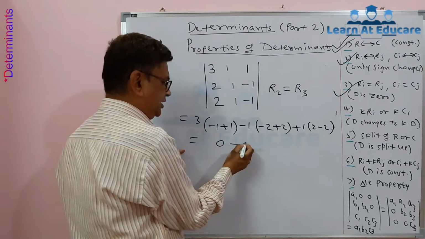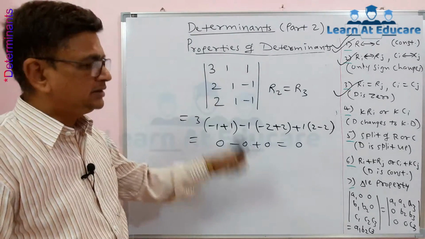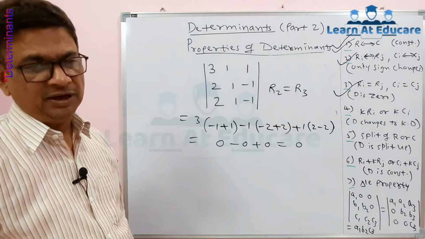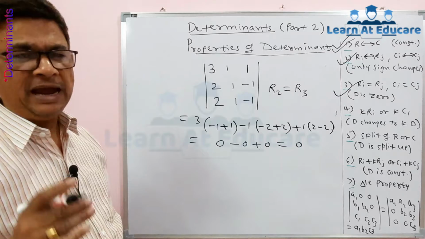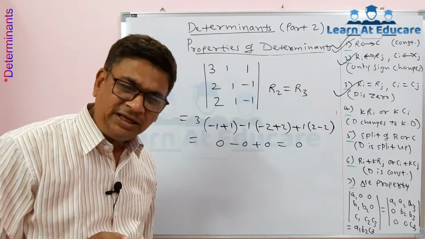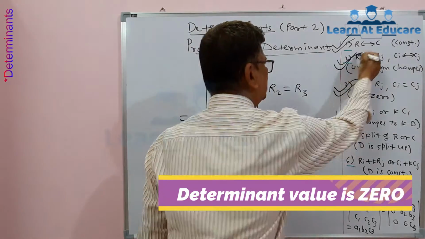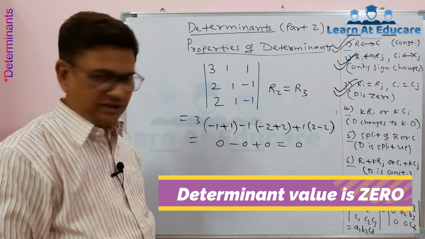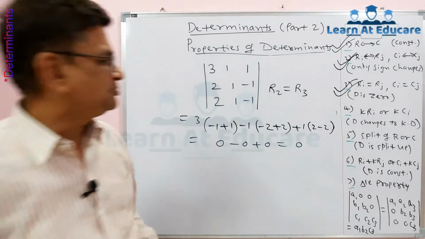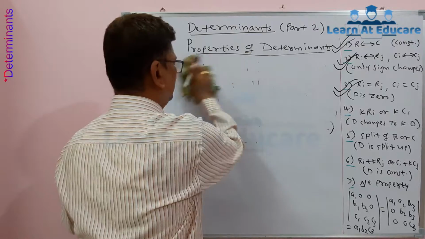So can you observe it comes something like this, 0. So that is the third property of determinant. In the determinant, if any two rows are equal or any two columns are equal, then the value of the determinant is 0.